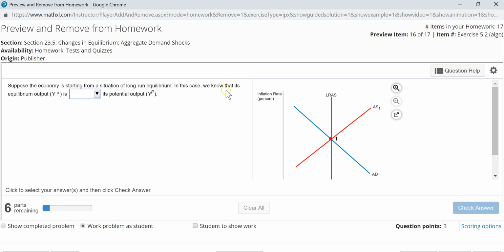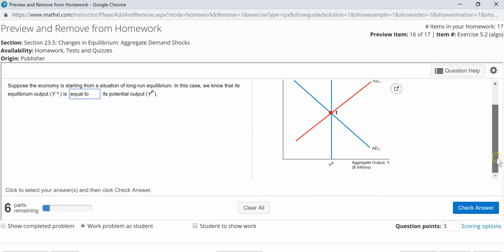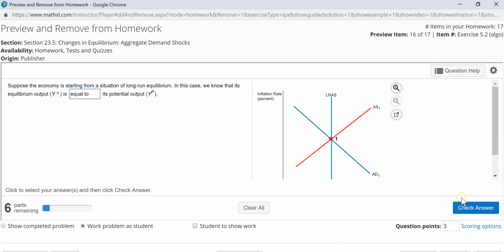In this case, we know that its equilibrium output Y star is the same as the potential output. Yeah, it's equal to the potential output. That's what the long-run means. Yeah, YP right here. So let's go on.